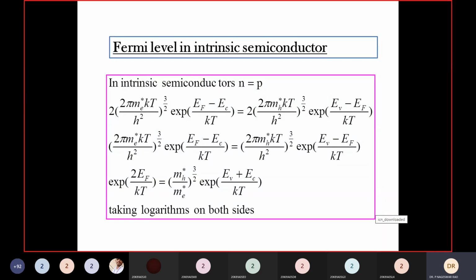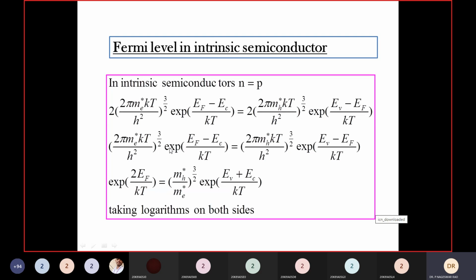Now we will find the Fermi level. In case of an intrinsic semiconductor, n is equal to p. We already calculated the n value and the p value, so we substitute both and equate both terms.